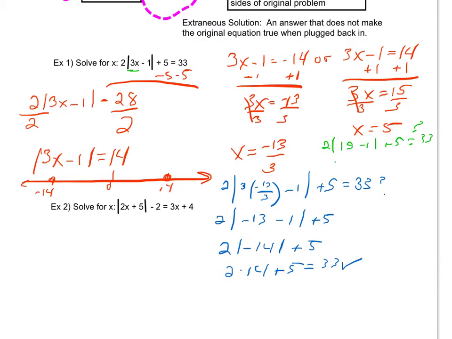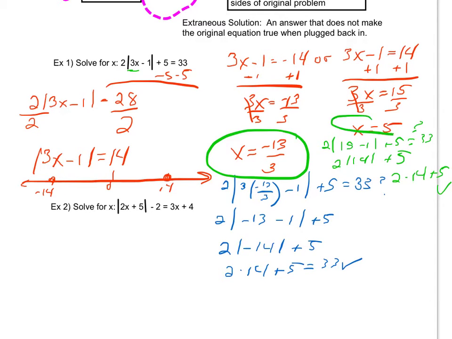Well, I know 15 minus 1 is 14, so I have 2 times the absolute value of 14 plus 5. That's 2 times 14 plus 5, which again I've already seen does check out. So both of these solutions work. So there's my first solution, here's my second solution.